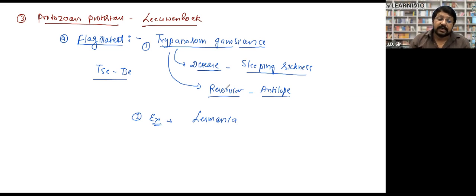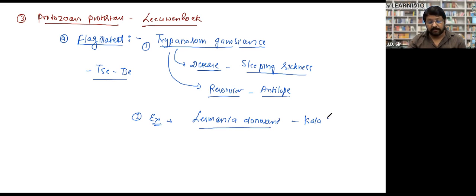So always take care of the reservoir, the vector, and the disease caused by the pathogen. Here the tsetse fly is the vector. Leishmania donovani causes kala azar.